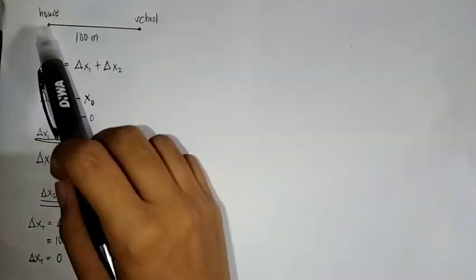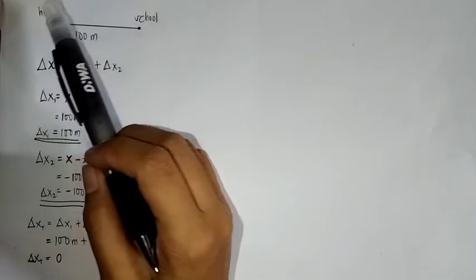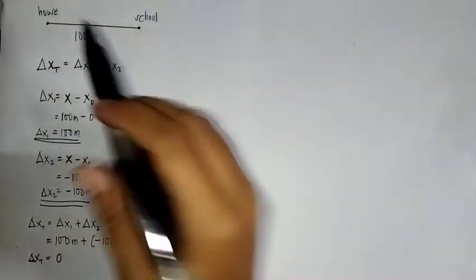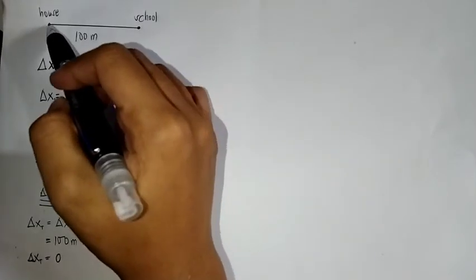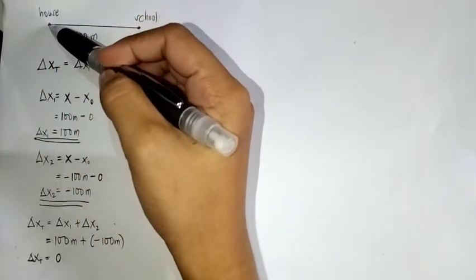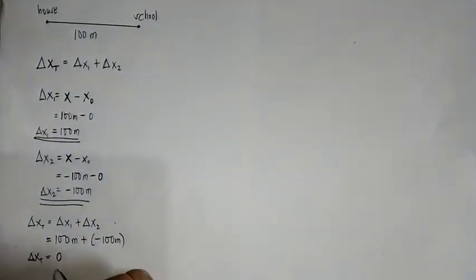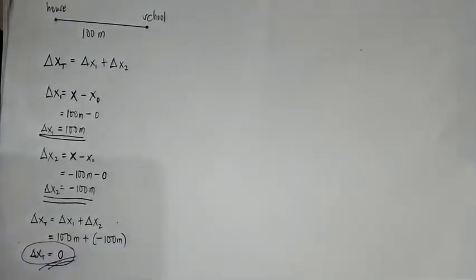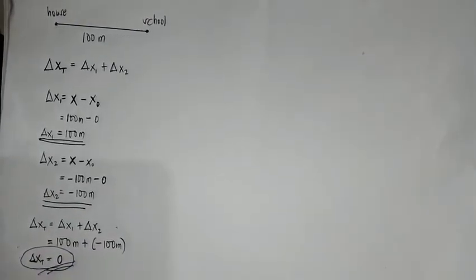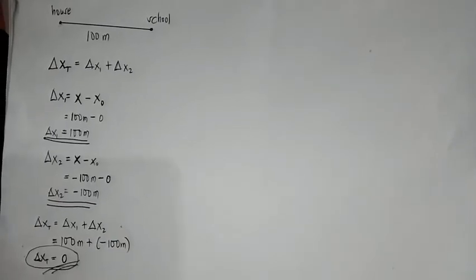Therefore, if the student walks from his house going to school and then goes back to his house, his initial position and final position are the same. The straight line distance is equal to 0, and in calculation, the result is also 0. Therefore, the displacement of the student from his house going to school and back to his house is equal to 0.